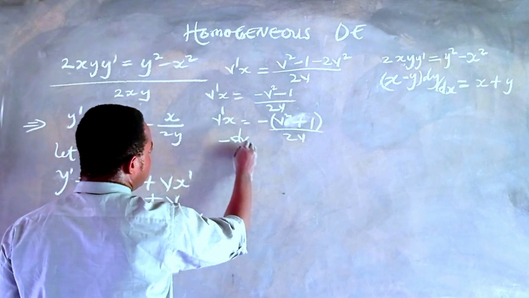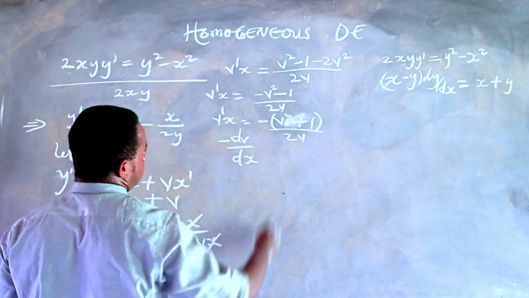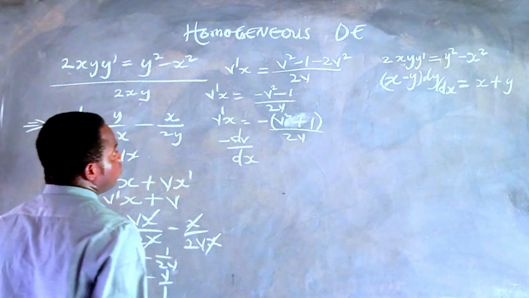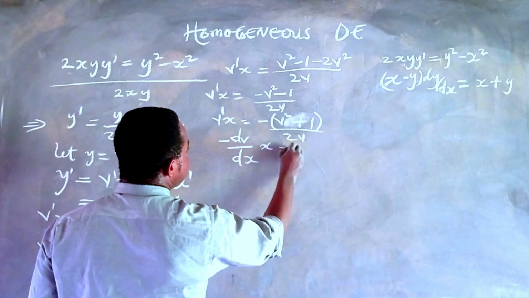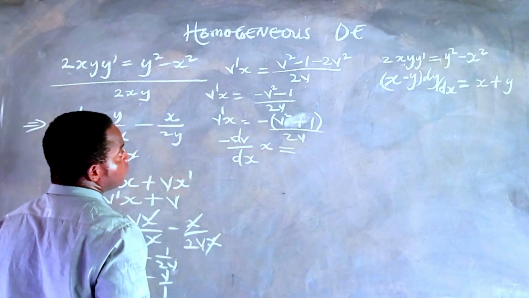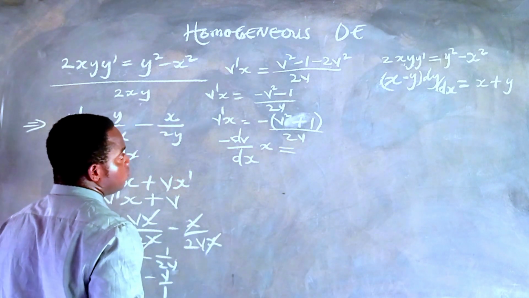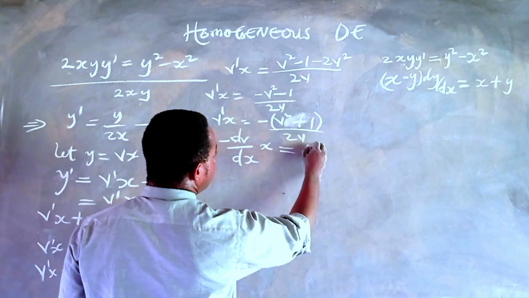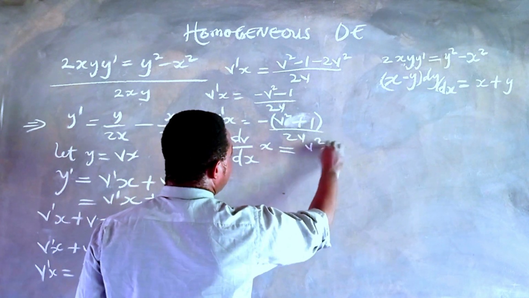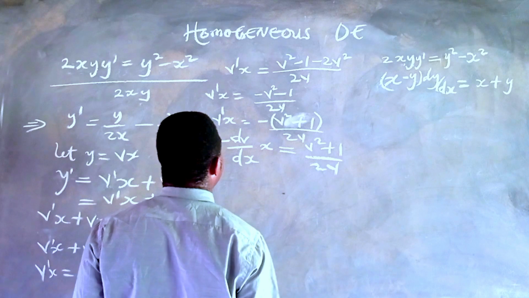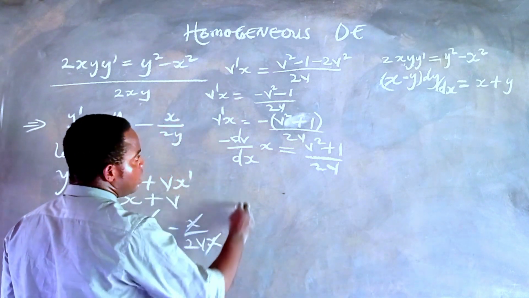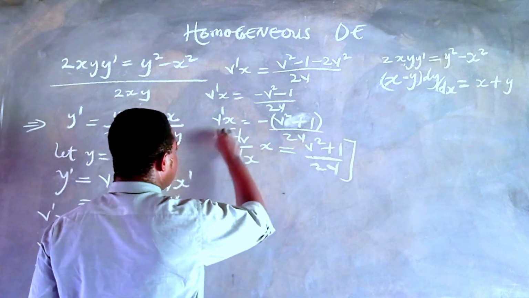That is why we factor the negative off that, and we put the negative on the left hand side. So we have negative x dv/dx. Maybe I'm not supposed to write it like this, but let's just leave it. I'm supposed to put that x before dv/dx so that it does not look like we are trying to find the derivative of x.